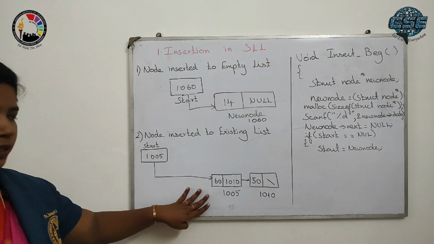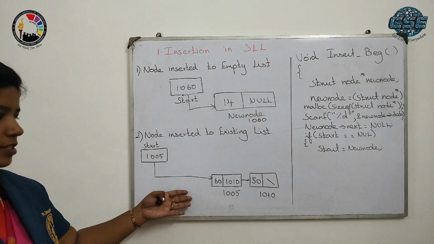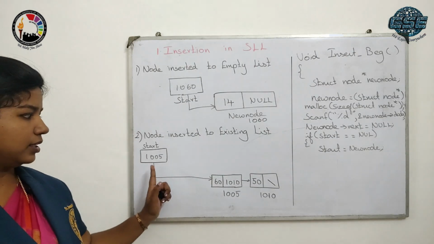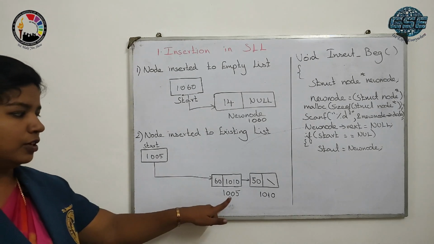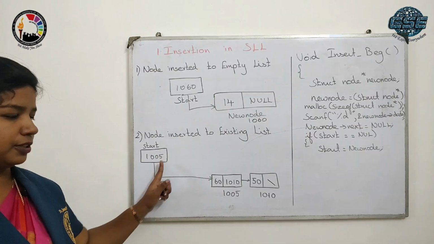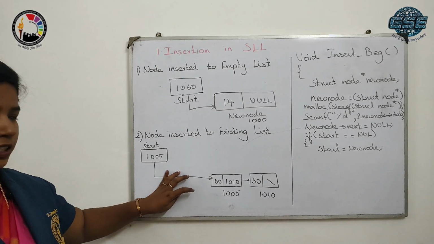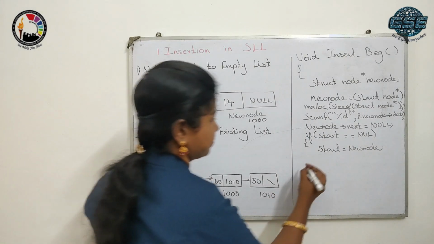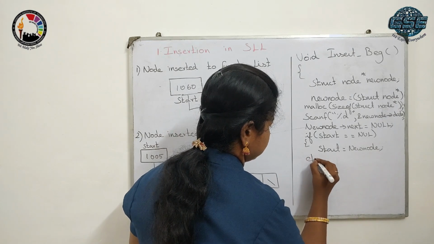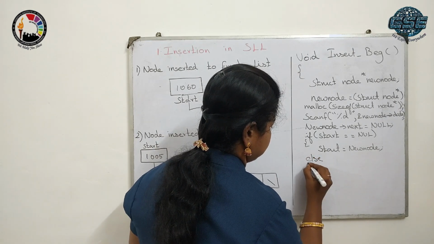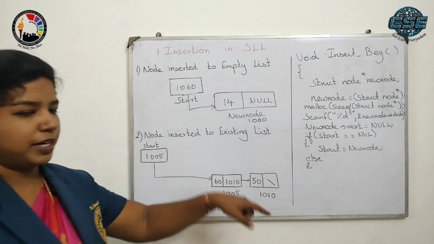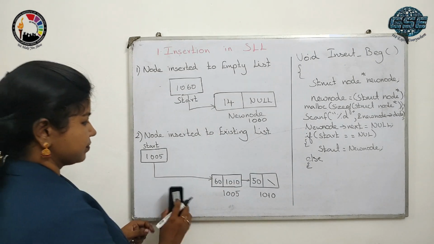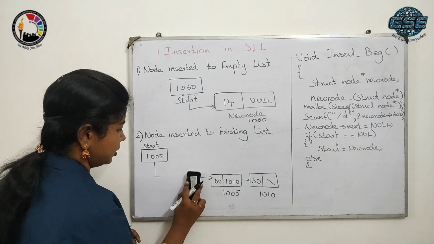So this is the actual linked list before insertion. The start will have the address of the first node's memory address location. So if I insert a new node here, this node's address should be your start value. I'm writing it in the else part. So I'm creating a new node here.